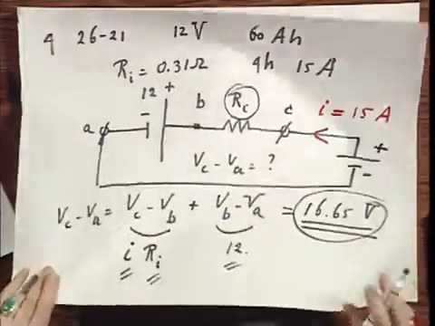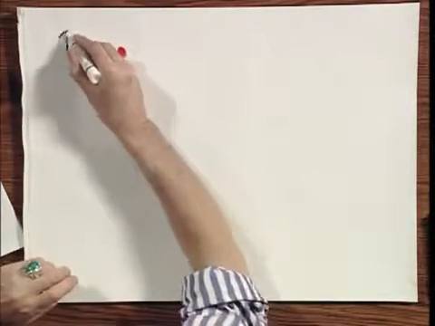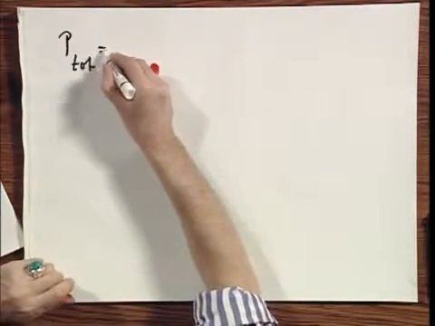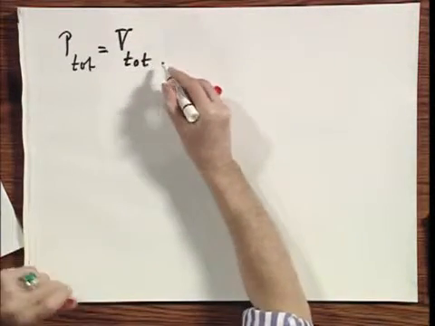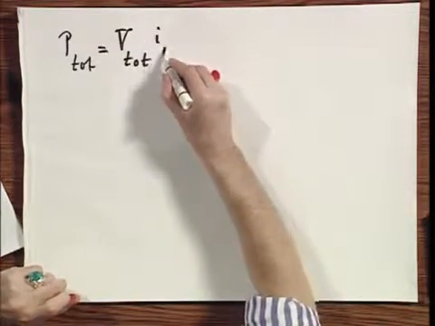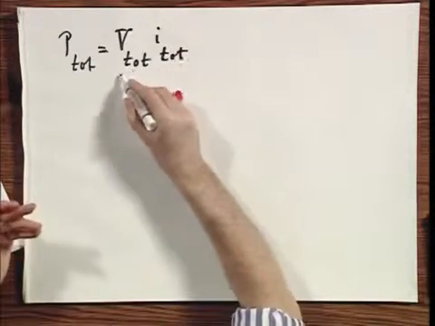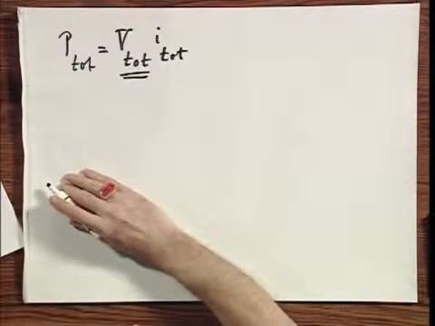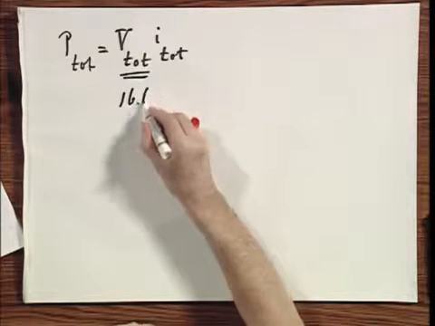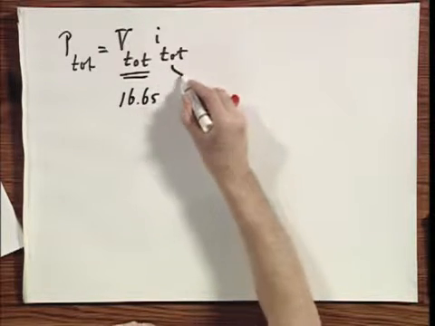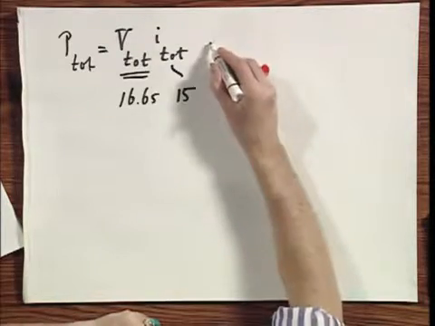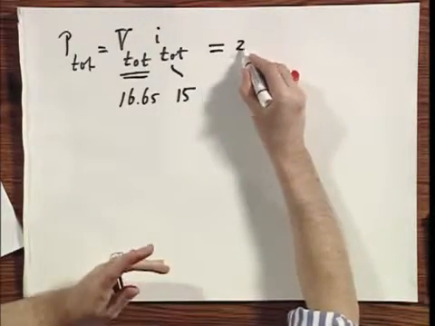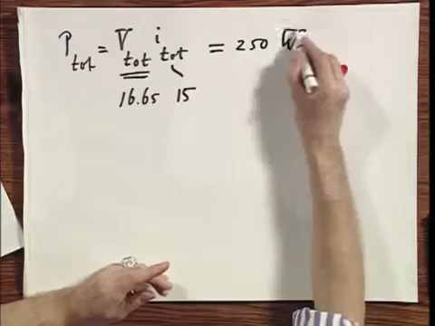What is now the total energy that is supplied during charging? Well, during charging, the total power, I should say, that is supplied is the total voltage that I applied, which is the 16.65, times the current, which is the 15. And if I did not make a mistake, I believe this is 250 watts, but you better check that.